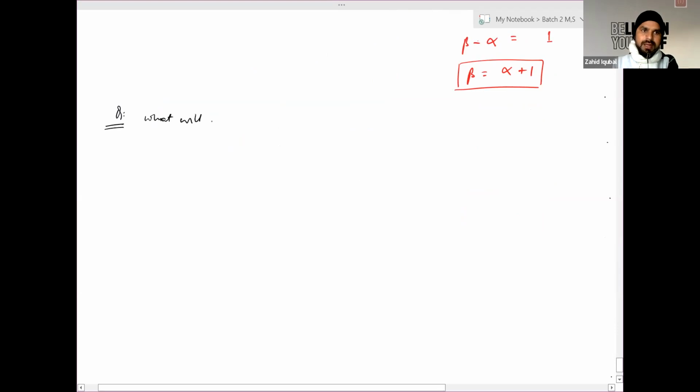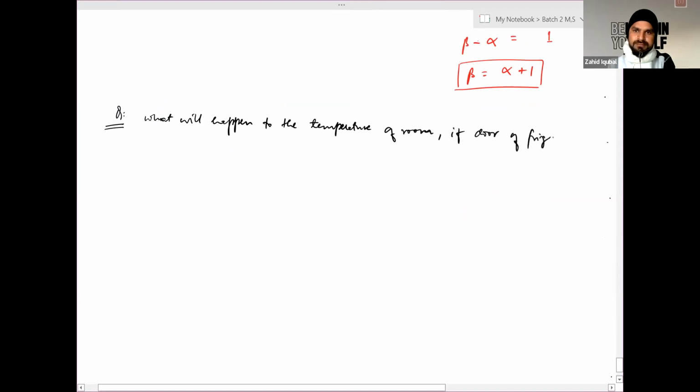What will happen to the temperature of a room if the door of the fridge is kept open?